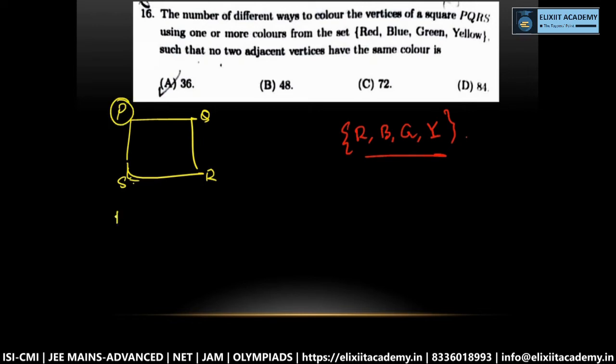So for vertex P, how many choices do we have? We have 4 choices, out of red, blue, green, and yellow, because we can fill this vertex with any one color. So for vertex P, we have 4 choices.